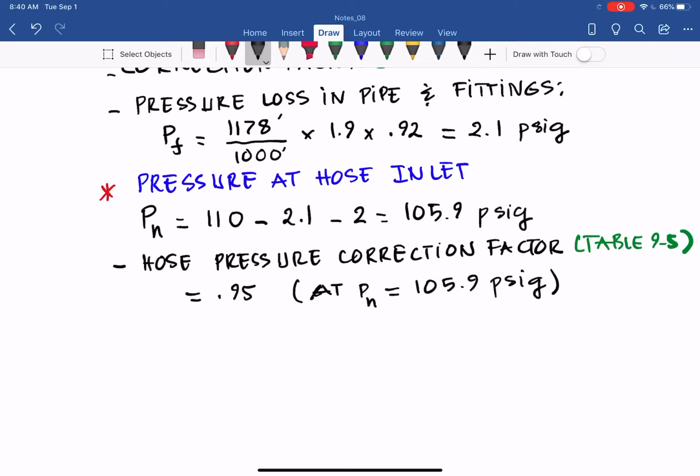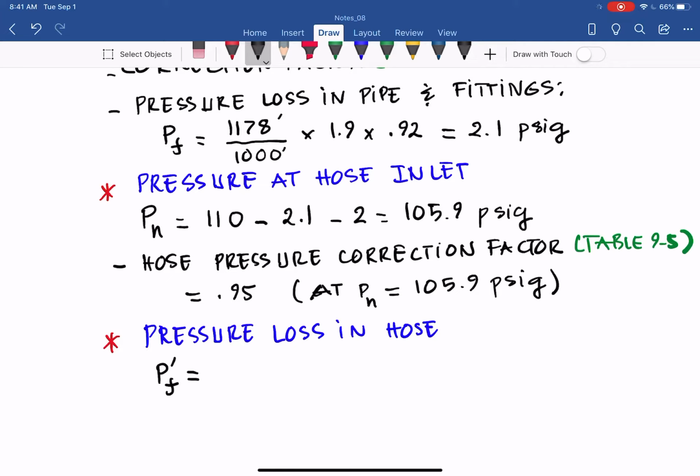Then from that we can be able to determine the pressure loss in hose. After find out the correction factor, we can be able to determine the pressure loss in hose. So what is the pressure loss? We call it PF, but because we already used PF for the pipe and now for the hose, I call that PF apostrophe.